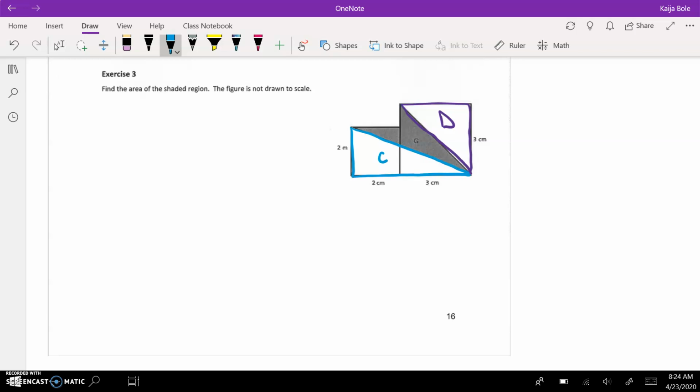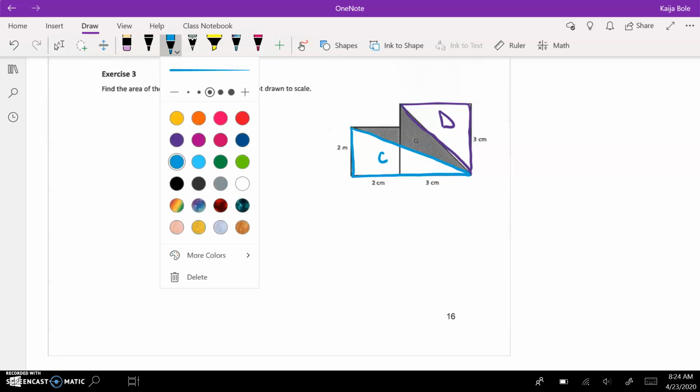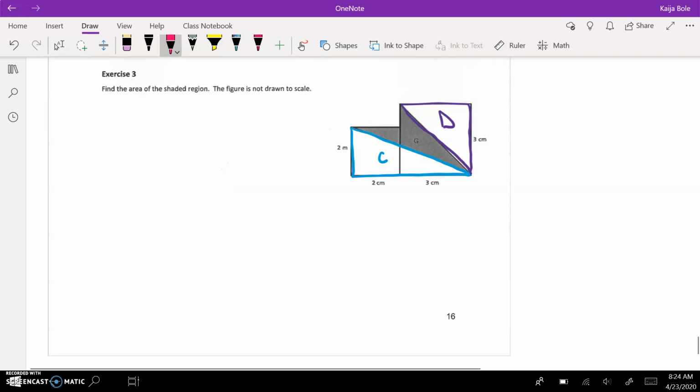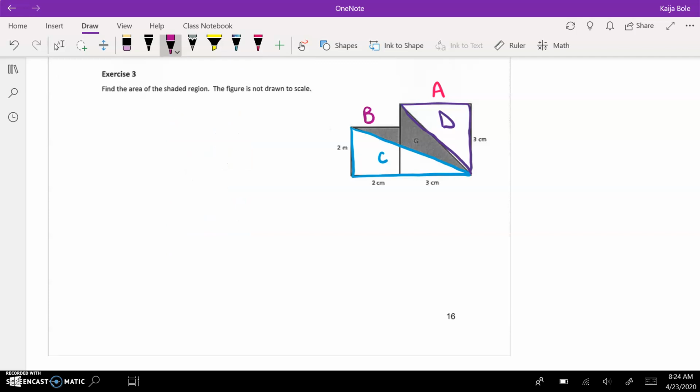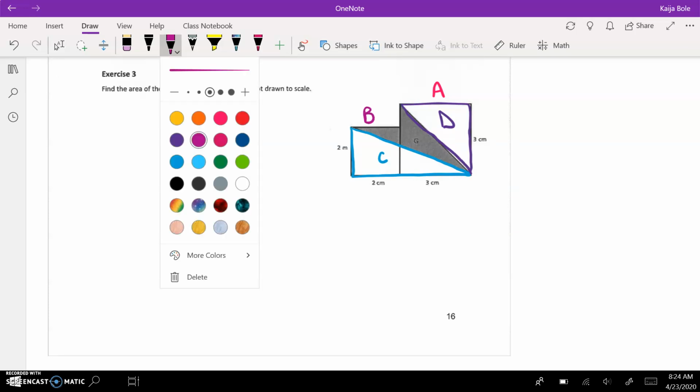I'm going to call this triangle C. That's the hardest one to see, because you kind of have to block out that line that goes through it in the middle. All right, and then we also have these squares. I'll call the square on the right square A, and this one square B.